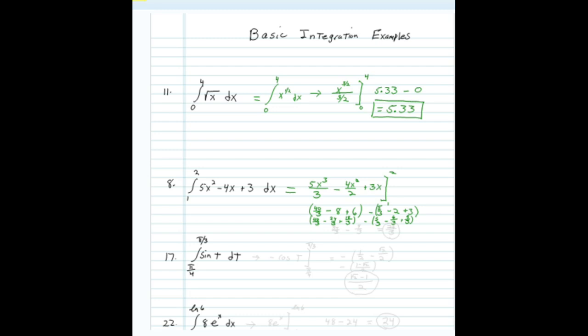All right, so 40 minus 24 is 16. 16 plus 18 is 34/3. And then over here we get 5 minus 6, and then plus 9. So we have -1 plus 9 is 8, 8/3. So this whole thing, 34 minus 8 is 26 over 3, and we can leave it like that for now.